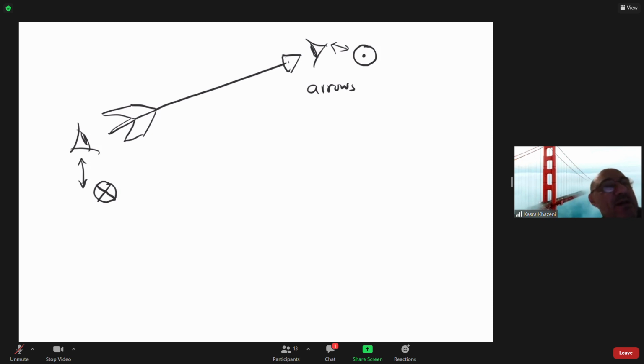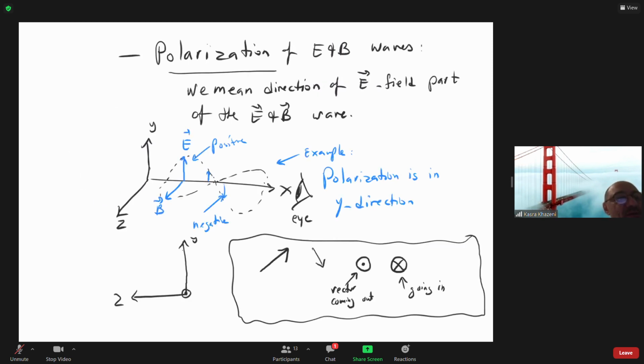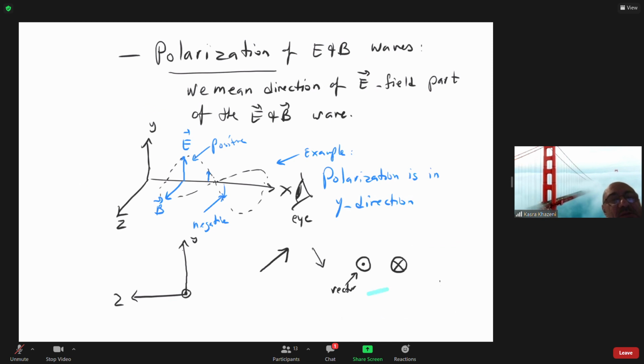This is why when you want to show a vector pointing at you, you show it like the one on the top. And when you want to show it pointing away from you, you show it like that thing at the bottom. Okay, this is the reason we choose these two signs to show vectors coming out and going in. All right, so now that you know, I can get rid of this.